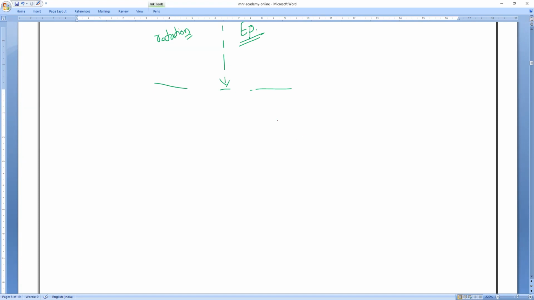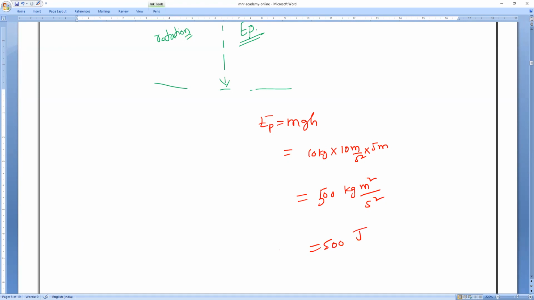So potential energy is equal to mgh, which is equal to mass, 10 kg, times acceleration due to gravity, 10 meter per second square, times height, 5 meters. So 100 into 5 is equal to 500 kilogram meter square per second square, which is equal to 500 joules.